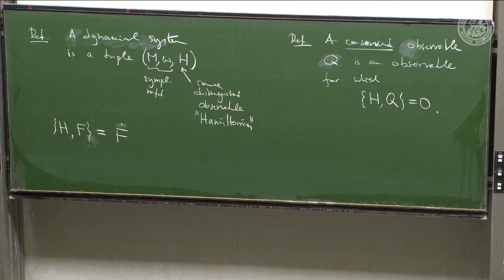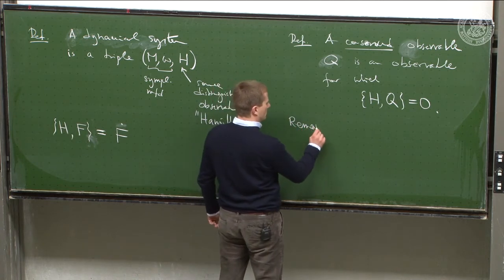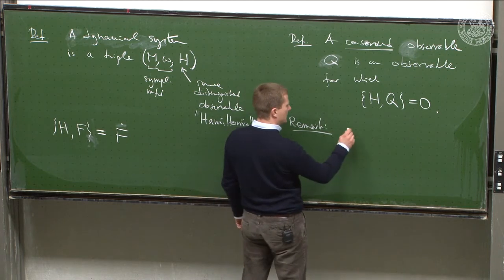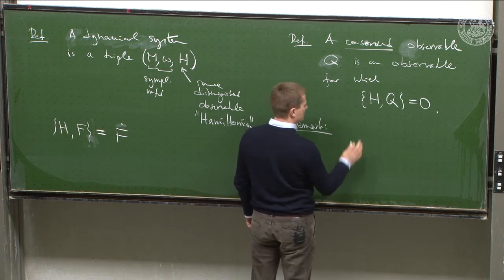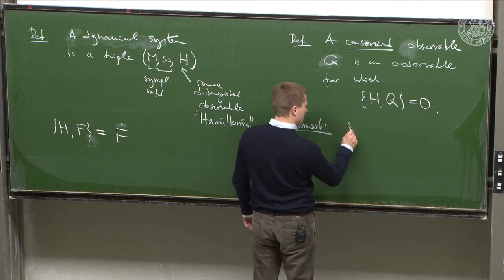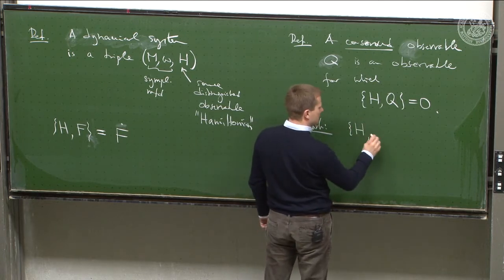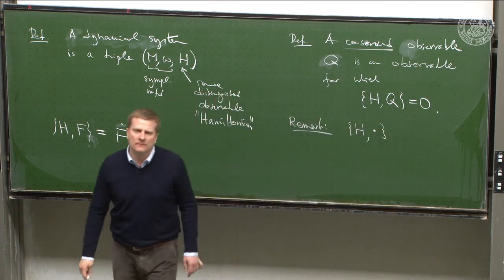Now, an important remark is the following. In classical mechanics, sometimes one defines the Liouville operator with respect to an observable, or anyway, it's the Poisson bracket of an observable, say the Hamiltonian. It doesn't need to be the Hamiltonian, it could be any other one, with an open slot.